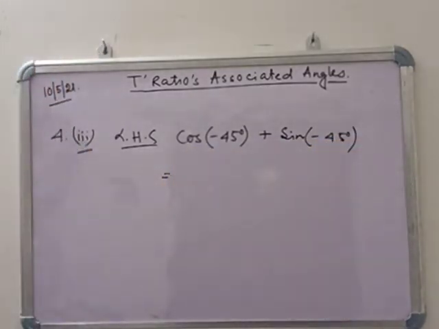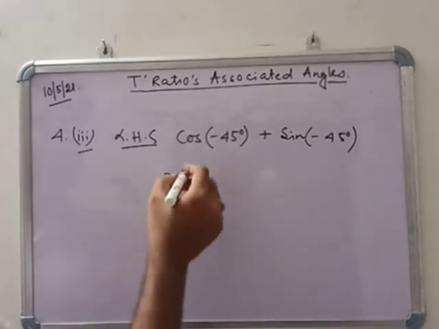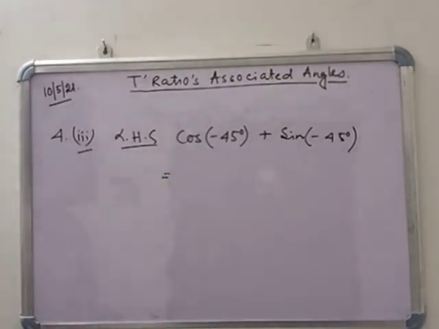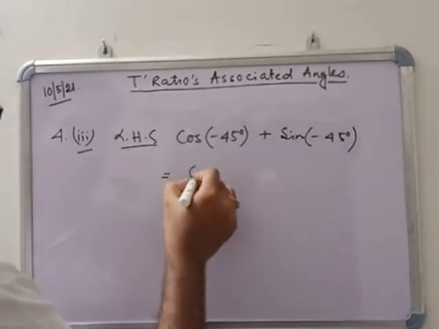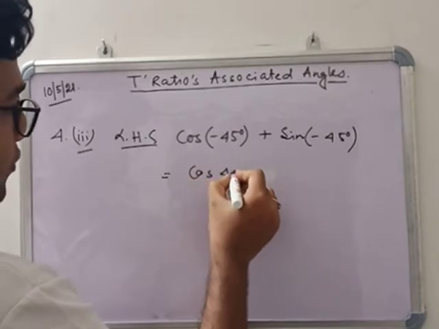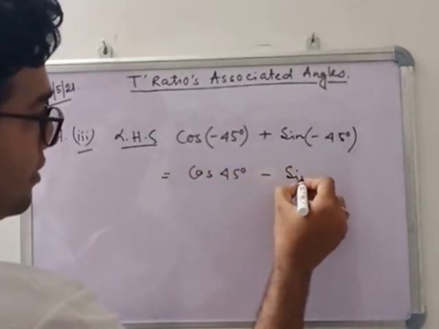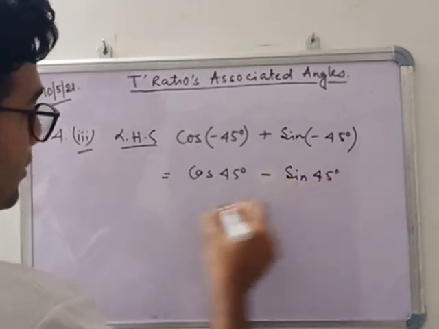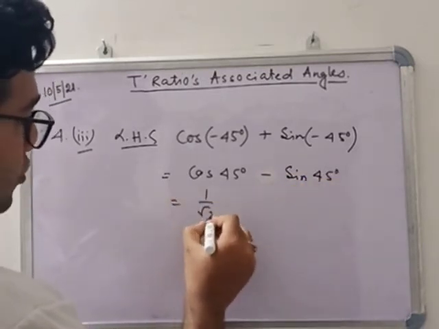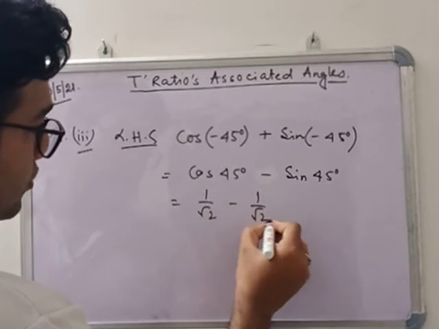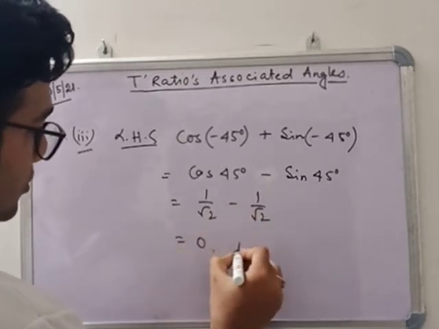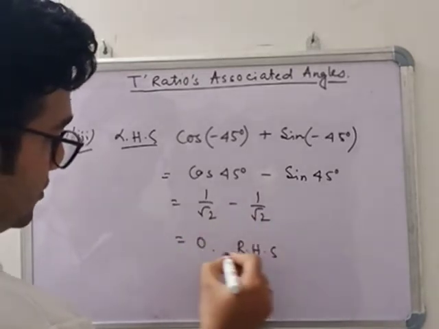Cos of minus 45 degrees is cos of 45 degrees, because we know that cos of minus theta equals cos theta. So this is cos 45 degrees, and this is minus sine 45 degrees. So this is 1 by root 2 minus 1 by root 2, that is 0. That is the RHS.